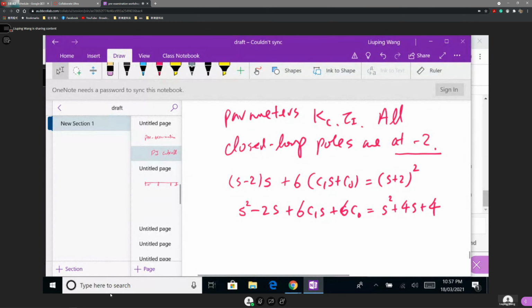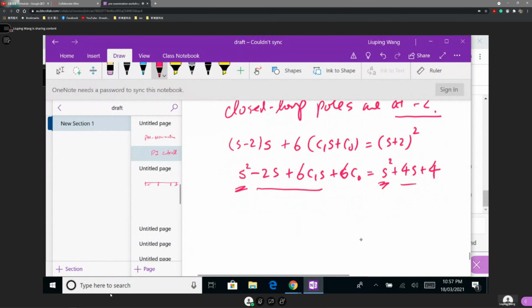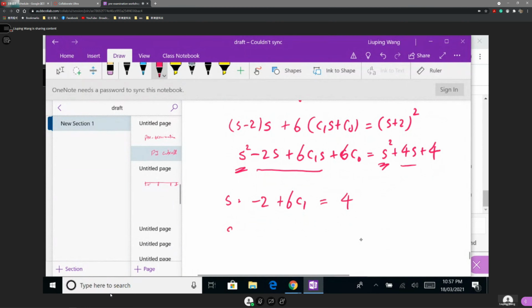Very good. So now I compare. For s to the power 1: minus 2 plus 6 C1 equal to 4, and 6 C0 equal to 4.